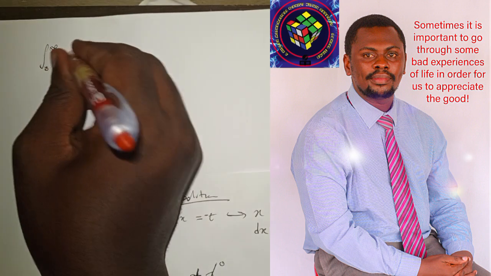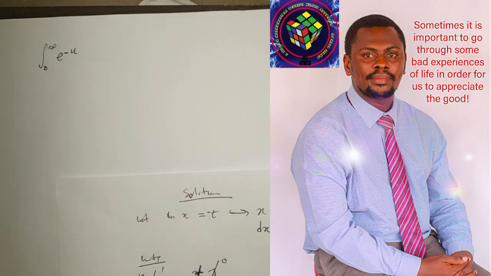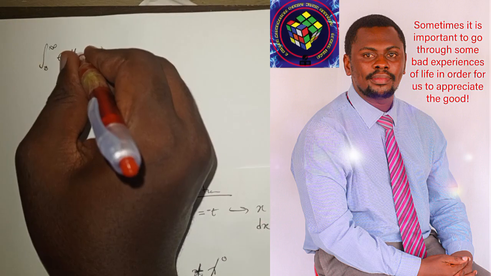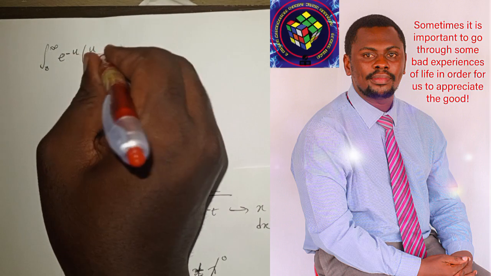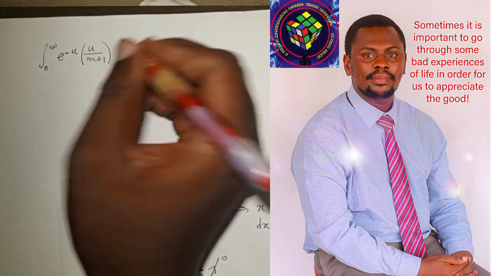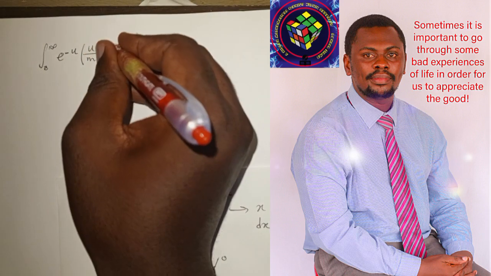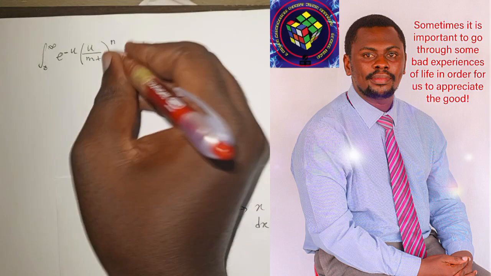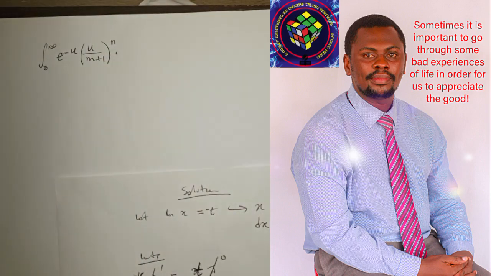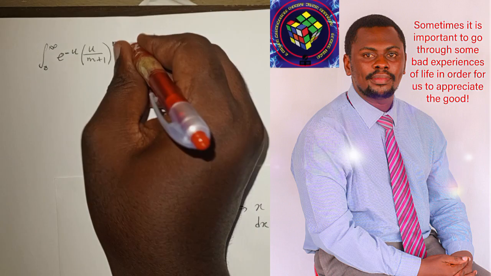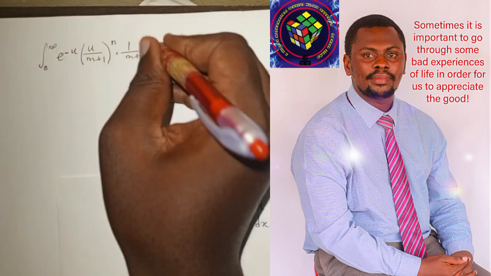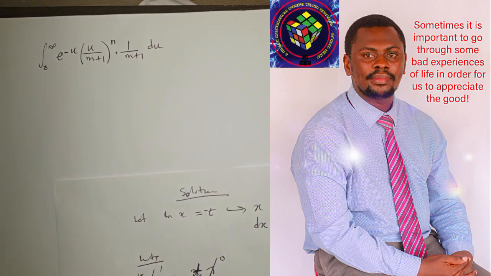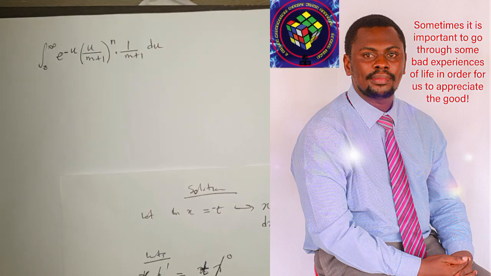So we have exponent of minus u. Then where there is t, it's u over m plus 1, to the power n. Then where there is dt, it's 1 over m plus 1 du.